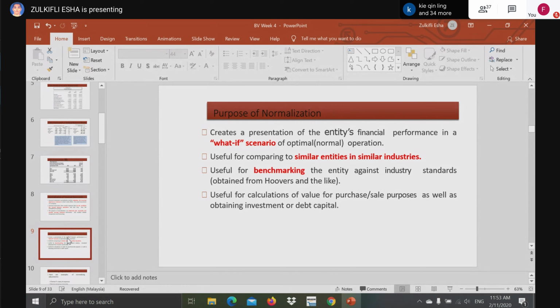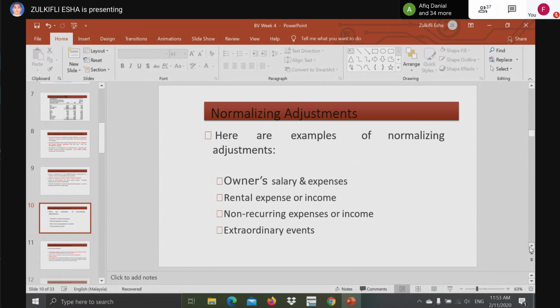Same with when you are doing your business using comparison method. You need to make sure that the comparison that you choose is similar in nature. So if your company involved in certain type of industry, you need to find the same companies, your competitors within the same industries.